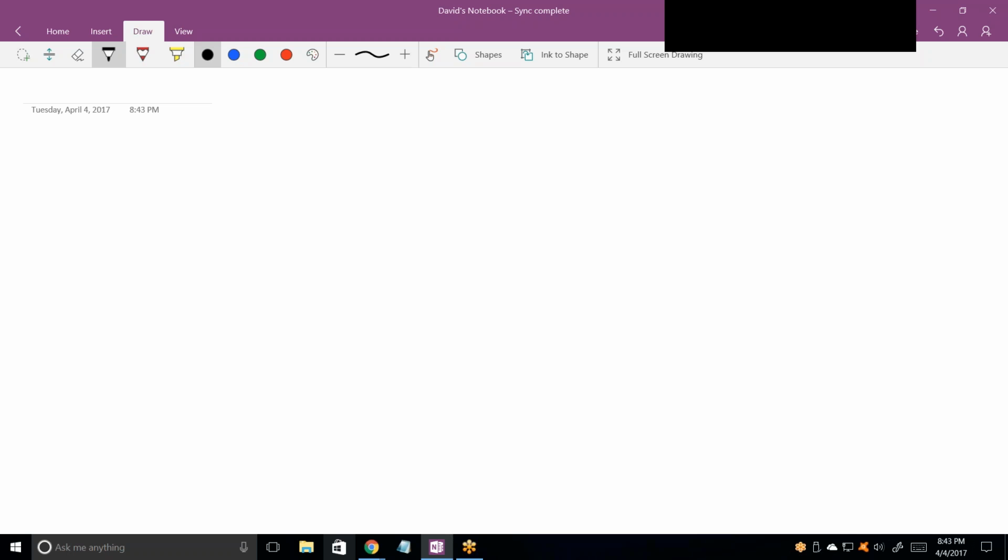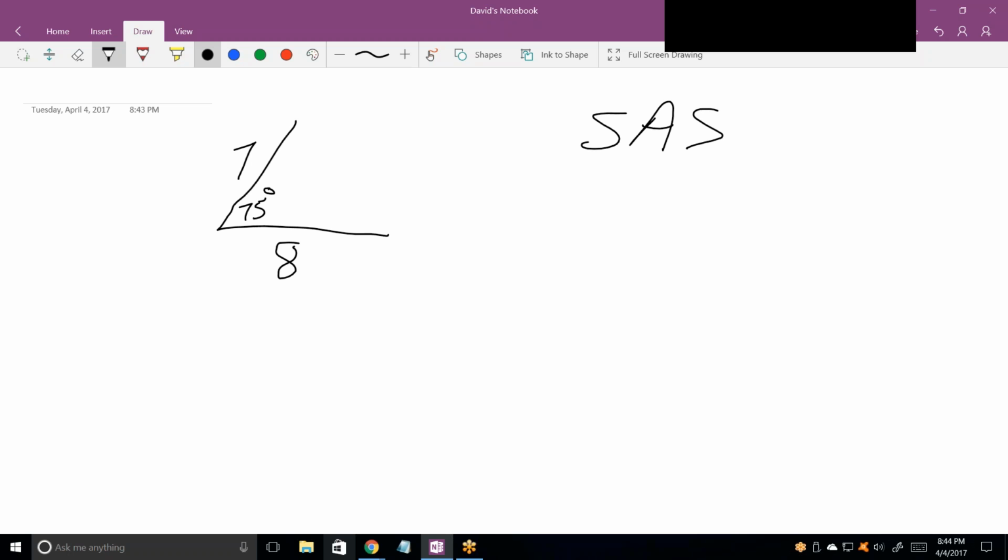Now, here's the thing. The law of cosines always requires you to finish it with the law of sines. So when you use the law of cosines, you only use it to begin the problem. You don't use it to end the problem. Now, the law of cosines basically is when you have a situation like this, where you have side, angle, side.